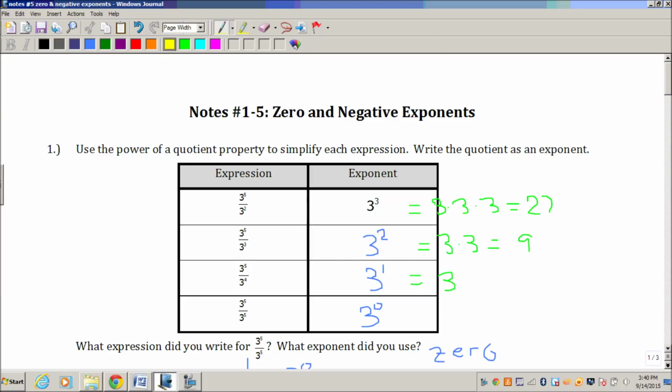Well, as we go down the table from 27 to 9, you're dividing by 3. And from 9 to 3, again, you divide by 3. So if we're going to continue this pattern, 3 divided by 3 is going to equal 1.